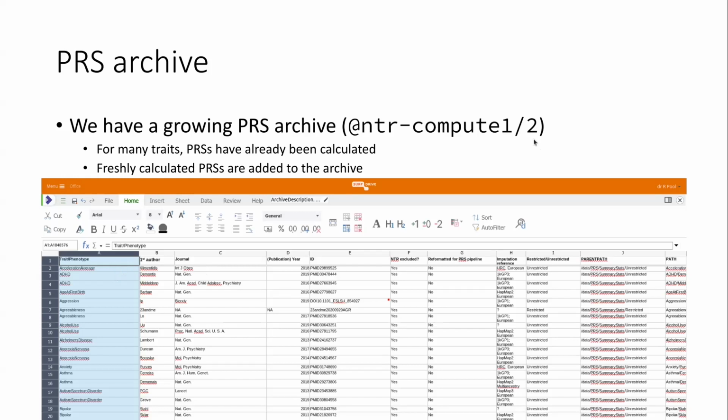Yeah, maybe that's a question to you. Why would it be handy to generate a polygenic risk score if you are doing population-based statistical research on your study?